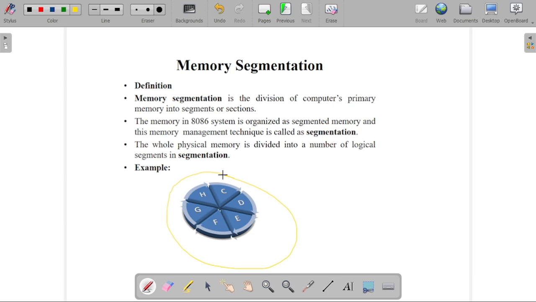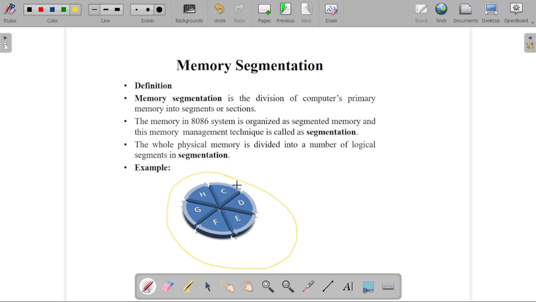The memory in the 8086 system is organized as a segmented memory. That's the technique that is called memory segmentation. So what is the definition of memory segmentation? The division of computer memory into different parts or different sections is called segmentation.